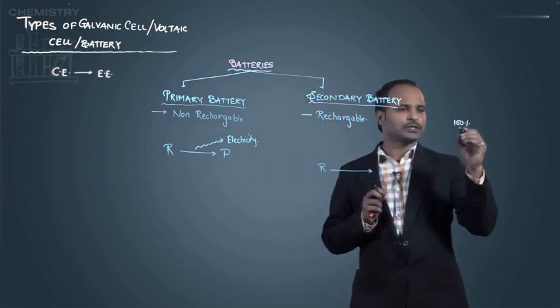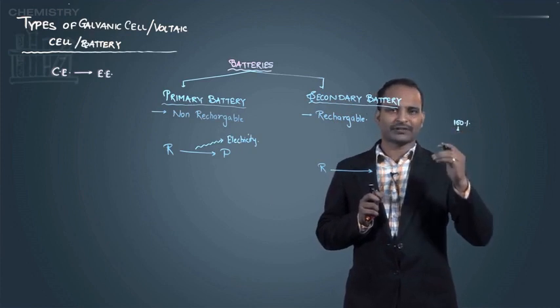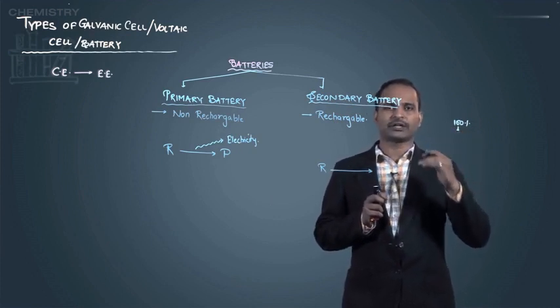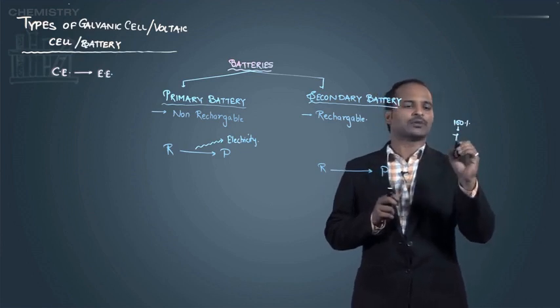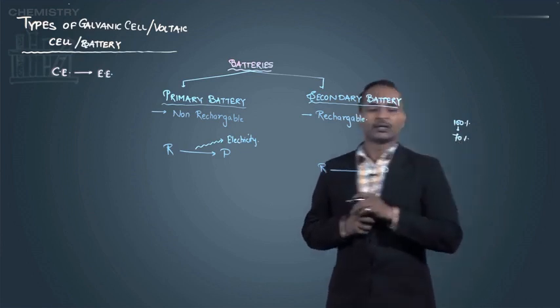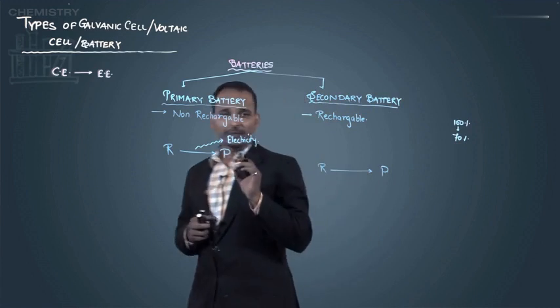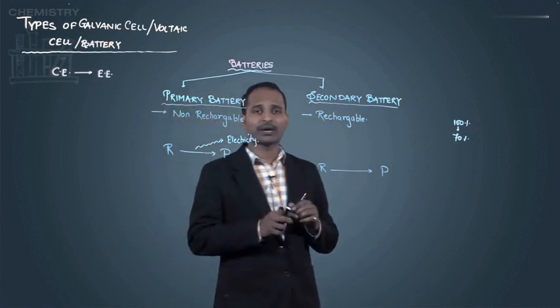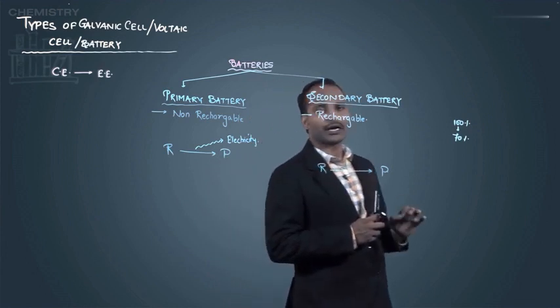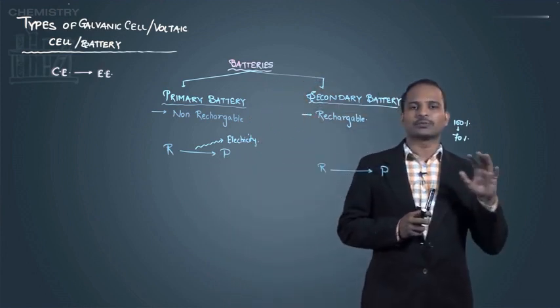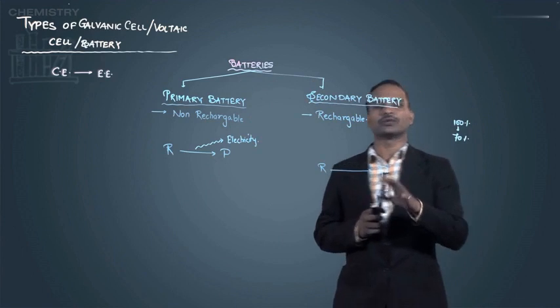Then from 100%, the battery reduces to 96, 95, 94, 93, then 90, then 80, then 70. Suppose the battery shows 70%. The 70% means that 70% battery is left, it means 70% of the reactants are still there in the battery to react, or I can say 30% of the reactant has been converted into product.